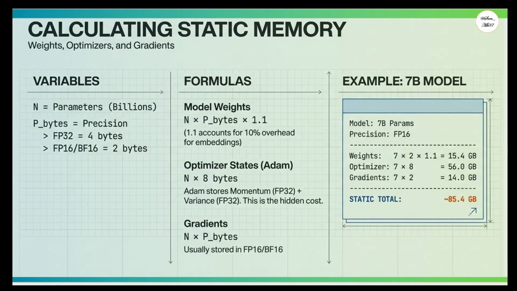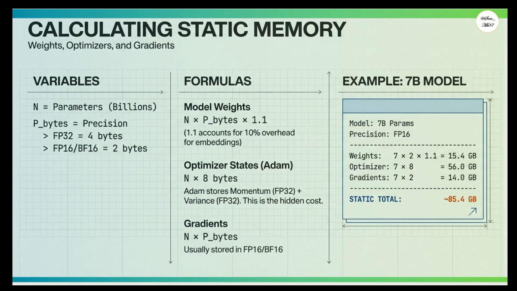Let's say we have a 7 billion parameter model in FP16 precision. If you are using FP32, each parameter takes 4 bytes.